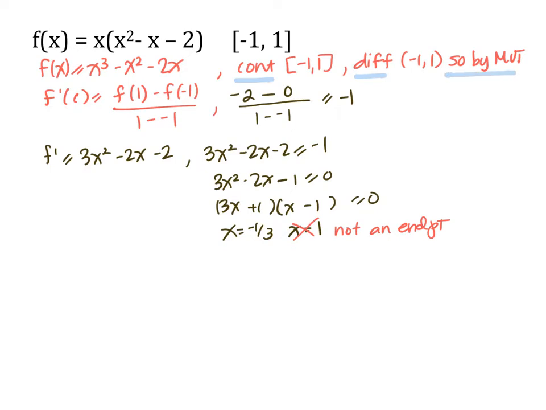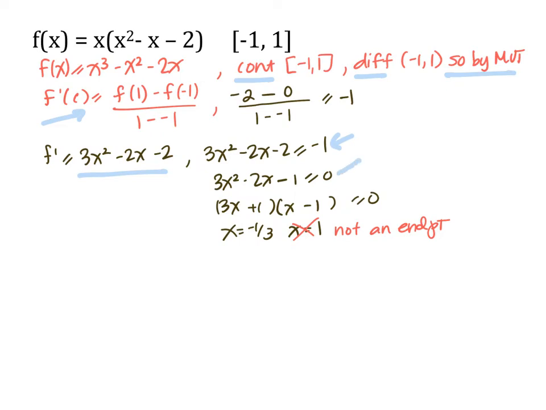By MVT, the slope of the secant must equal the slope at some point, or number of points. So I found the slope of the secant, which I got to be negative 1. The derivative I found to be 3x squared minus 2x minus 2. I set those two things equal to each other, and then I used factoring to solve.